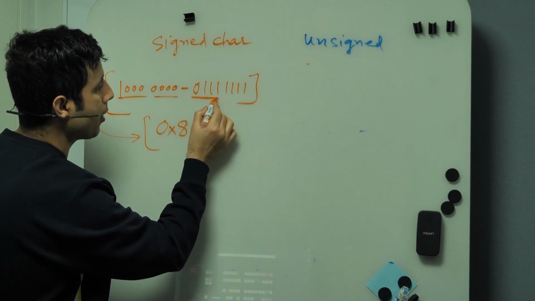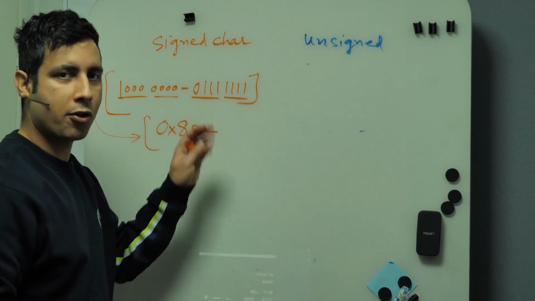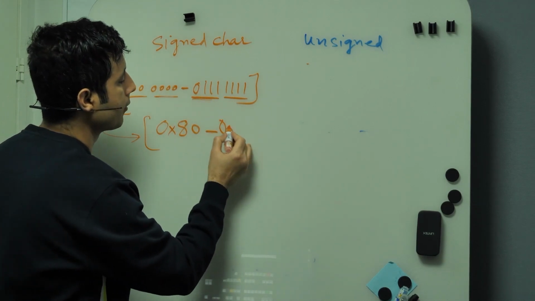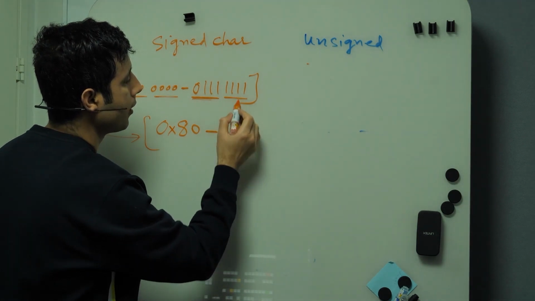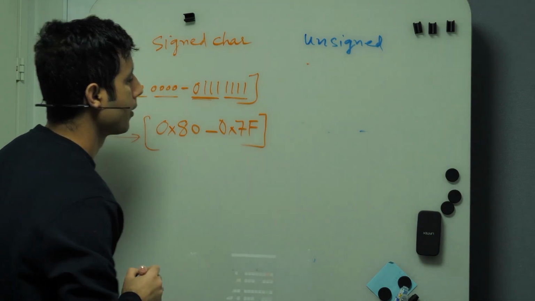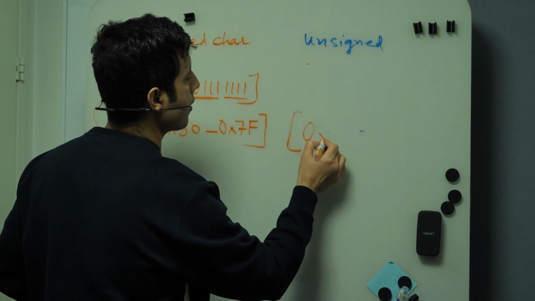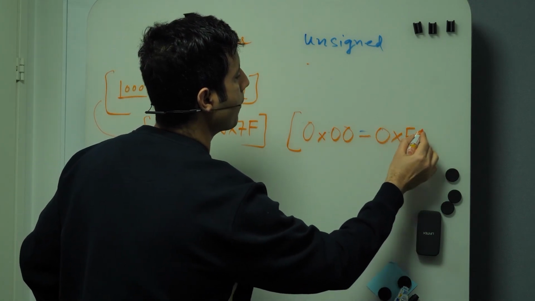So you break them down in 4-bit patterns and write the corresponding hexadecimal. So this would be 7, and this would be F. And for unsigned, the lowest number was 0, and the highest number was F.